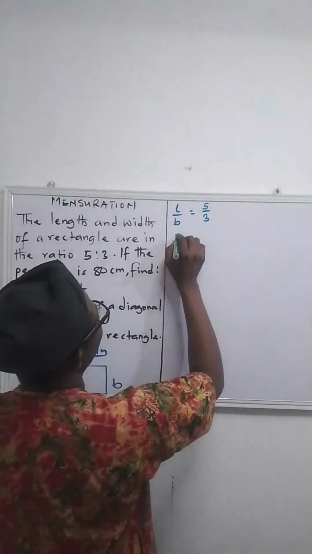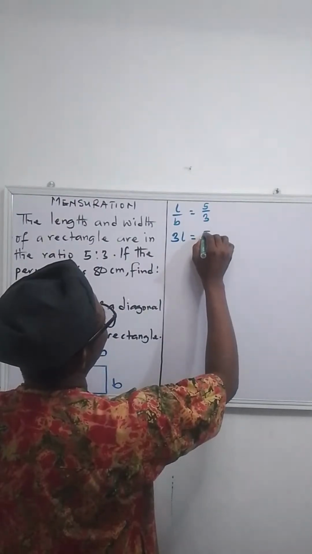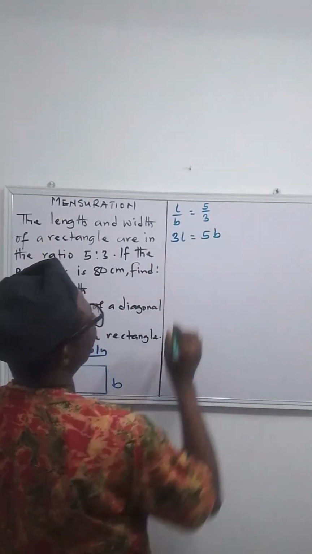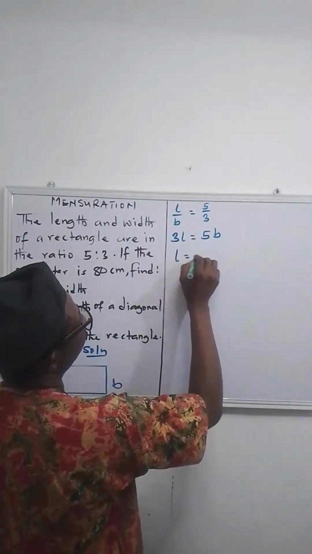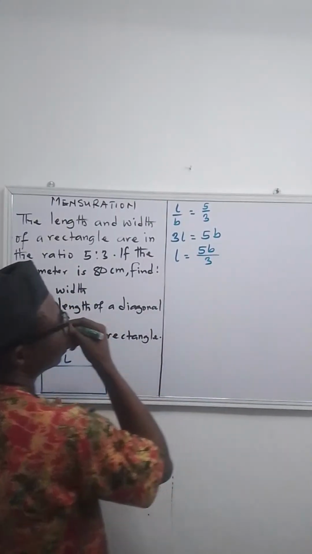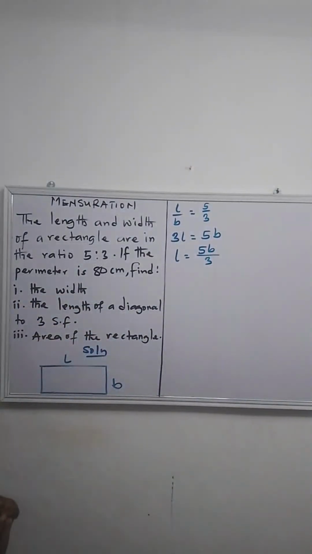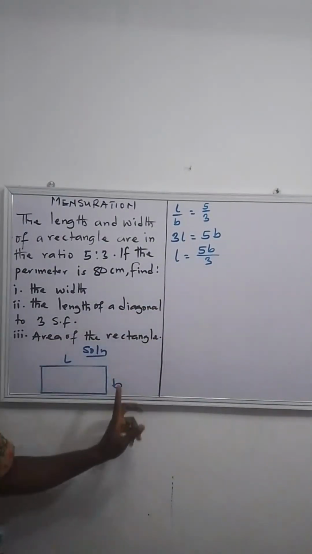So we have 3L equals 5B when you cross multiply. So we have L equals 5B over 3. Now we have the length to be this, while the breadth or the width is B.